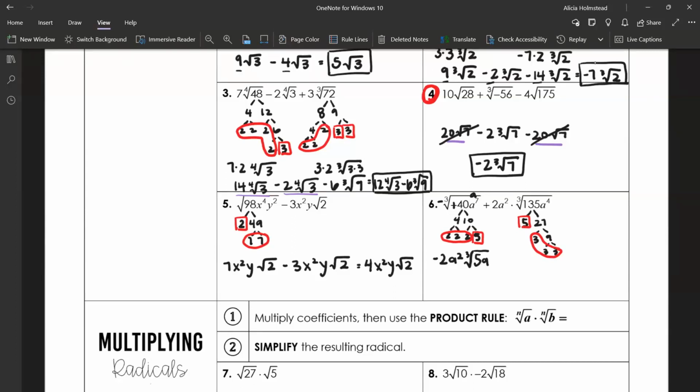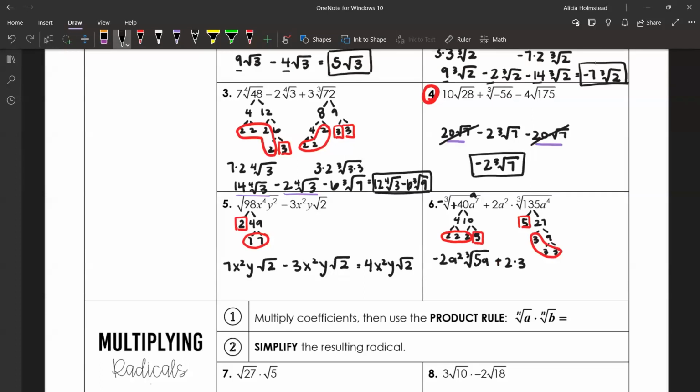We've got the 2 that was already out front times the 3 from our group. And then we've got 4 A's, which is 1 group of 3. So we'll pull 1A out along with the A's that are already out there, so those 2 A's. So we'll just have 1A left over inside, so this would be the cube root of 5A.